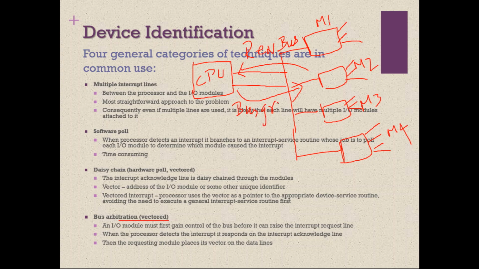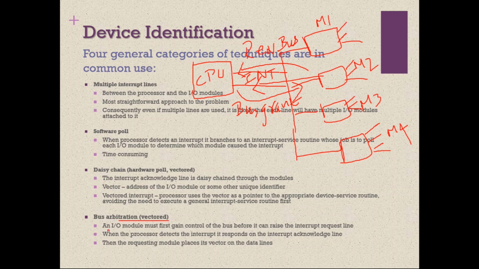After getting the bus, module 2 can respond with the interrupt request. With this technique, only one device can create the interrupt at one time, and the CPU knows who is holding the bus. The CPU knows the bus is with module 2, so if an interrupt is coming, it is from module 2. That's it.